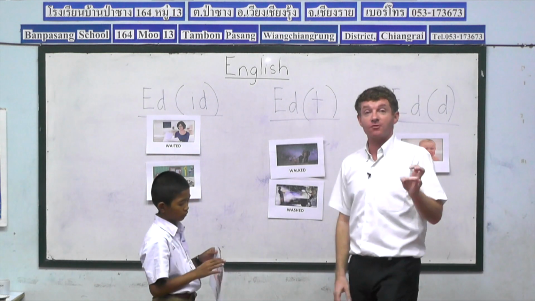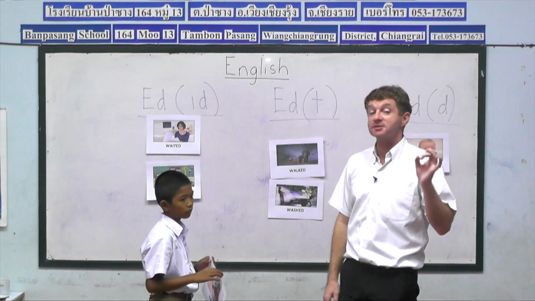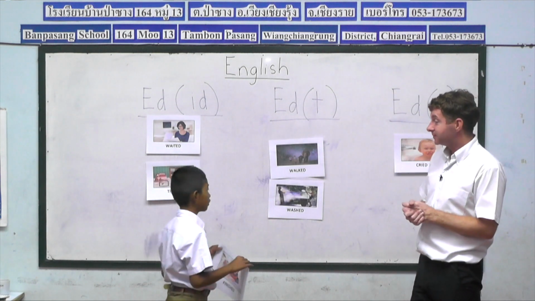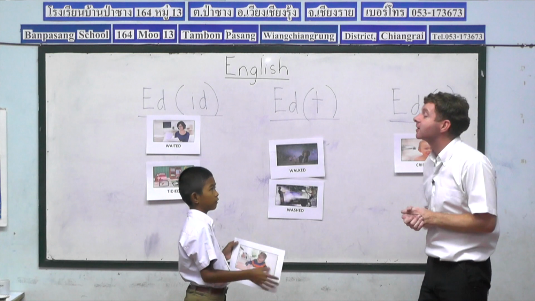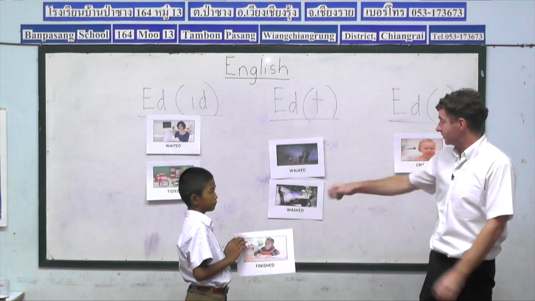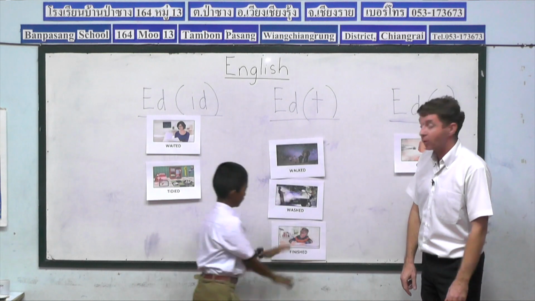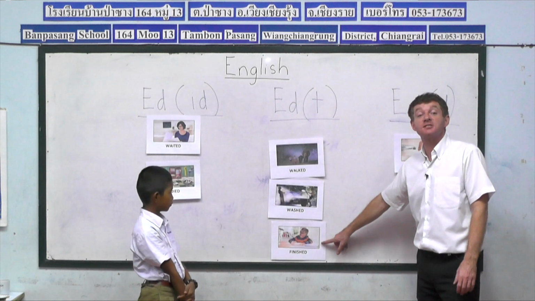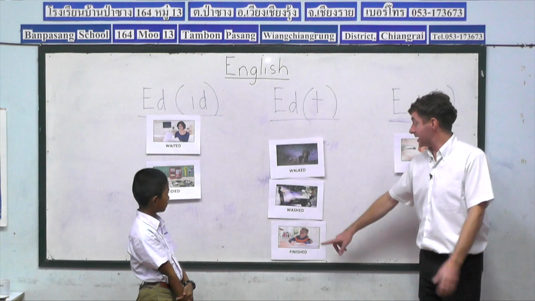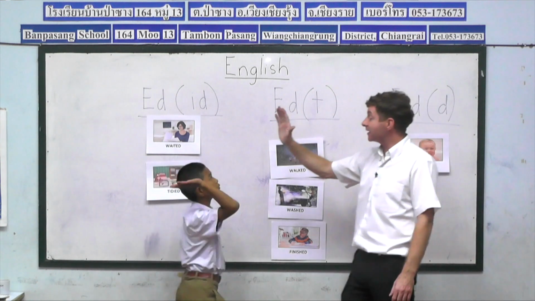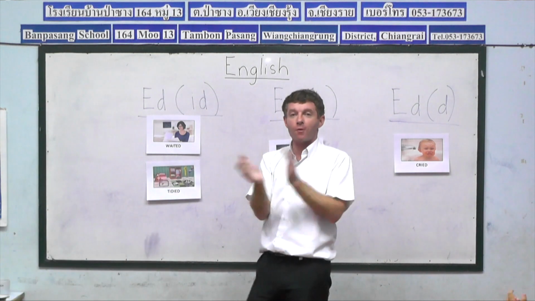But if it's pronounced correctly, it will be finished. So can you say your verb word, Pat? Finished. Excellent. And then you can place it here on the board. And all together, guys, finished is the correct sounding of the ED pronounced as T. Pat, that was very good. High five. Big round of applause for Pat.